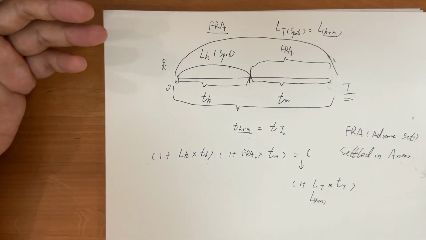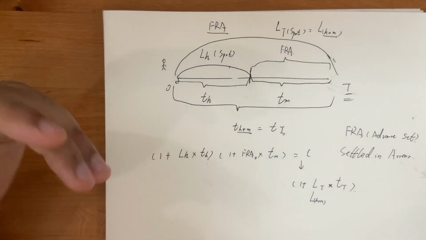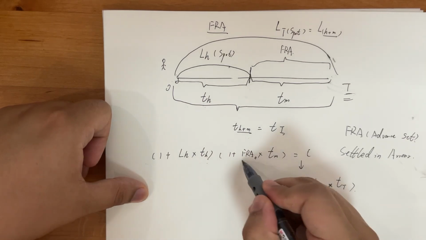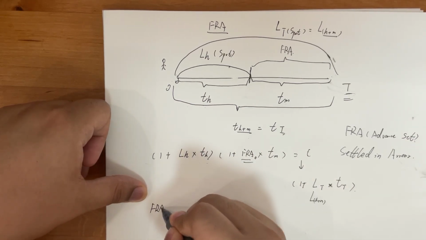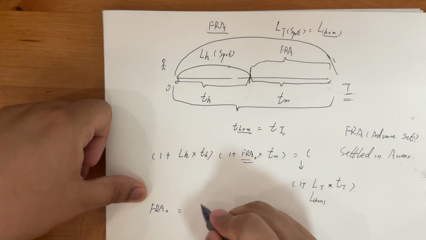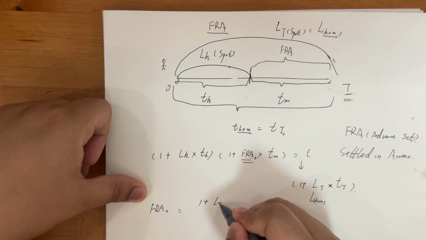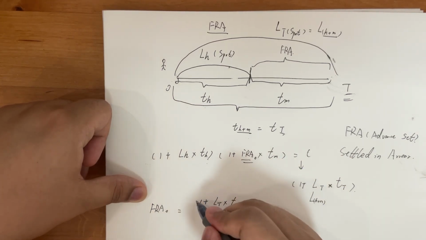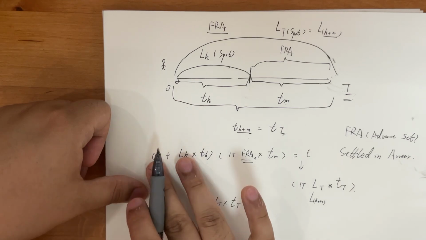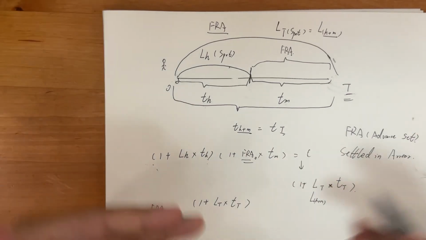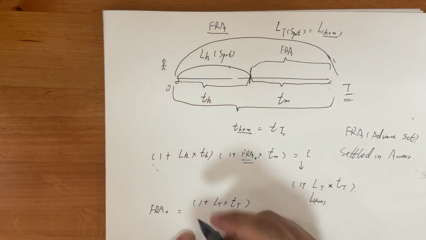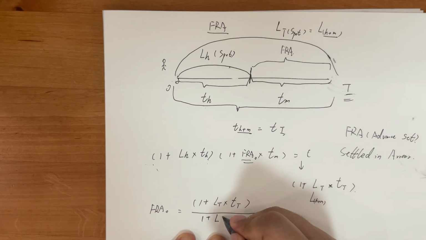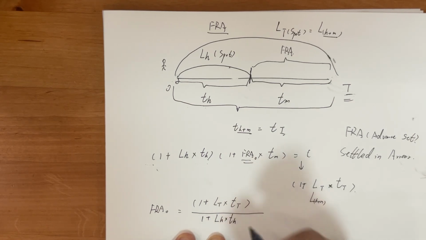That's it, pretty simple. So you assume that the principal is just $1 or whatever, 1 unit. So if you want to calculate the FRA at time 0, that will be 1 plus L_t multiplied by T, and you divide both the left side and right side by 1 plus L_h multiplied by T_h.